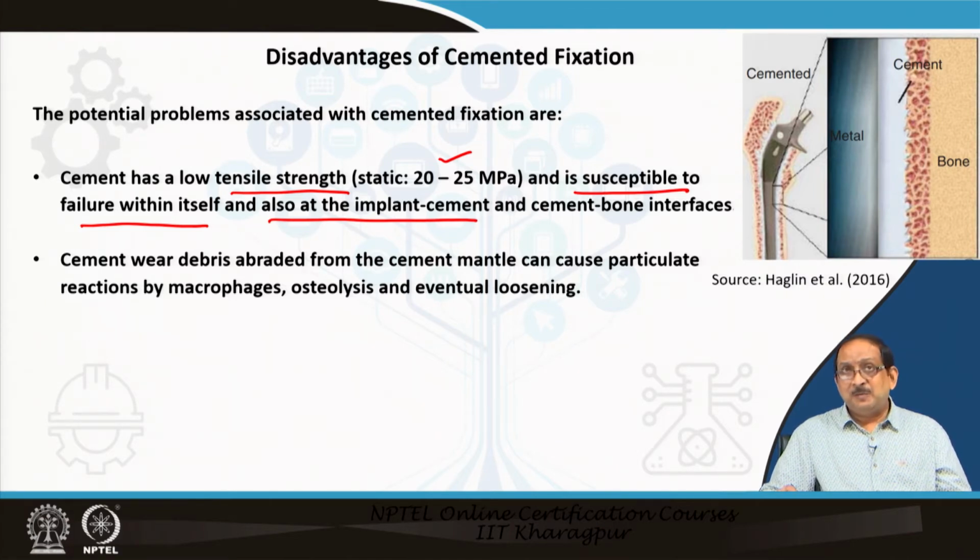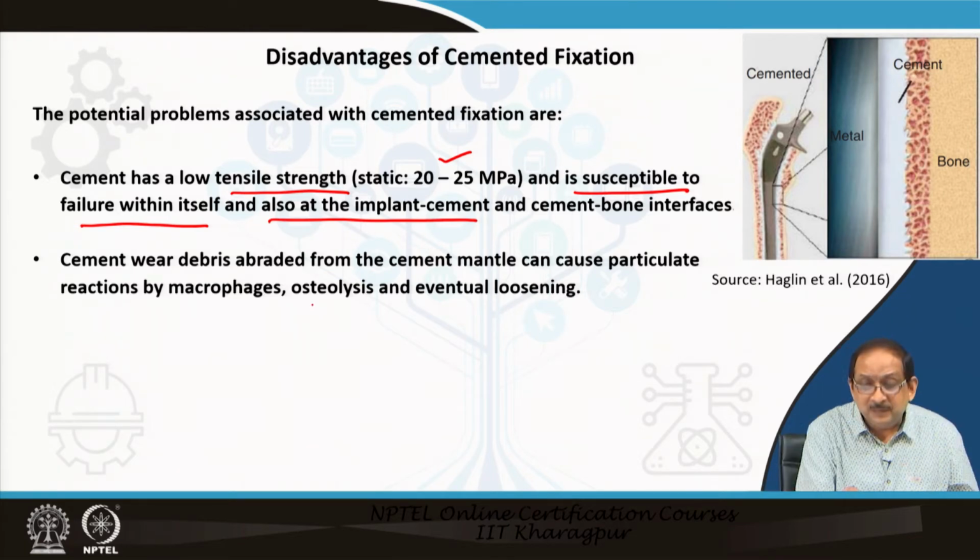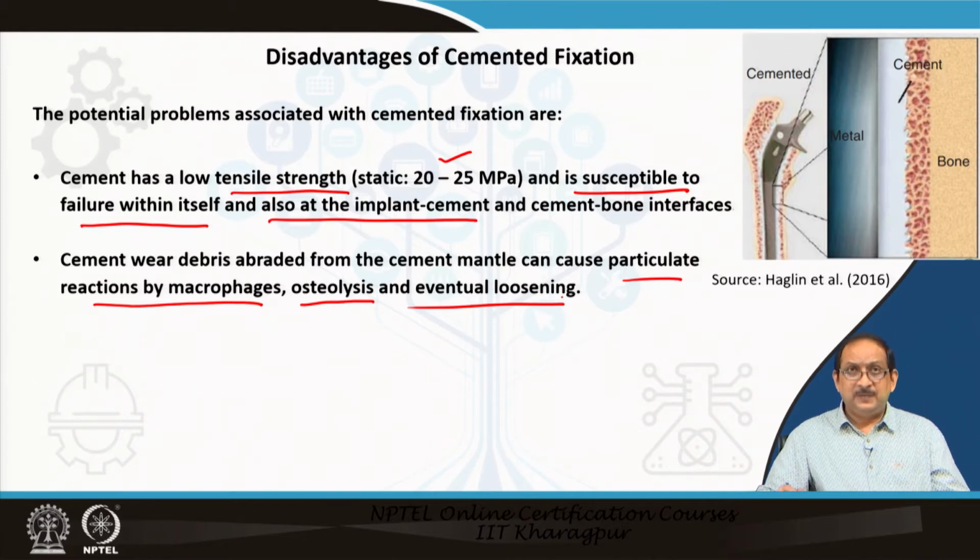Cement wear debris abraded from the cement mantle can cause particulate reactions by macrophages, osteolysis and eventual loosening. Now, what is osteolysis? It is the process of progressive destruction of periprosthetic bone tissue.